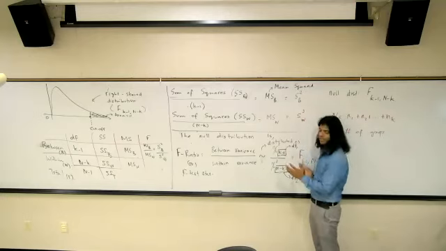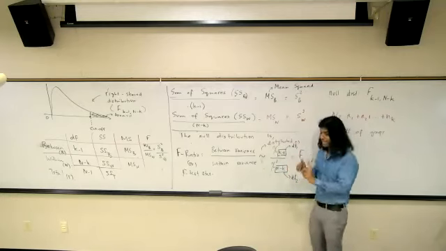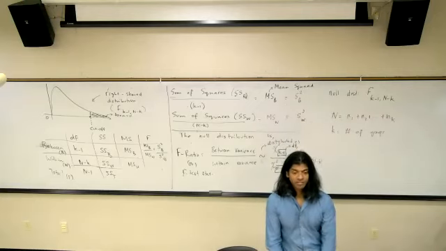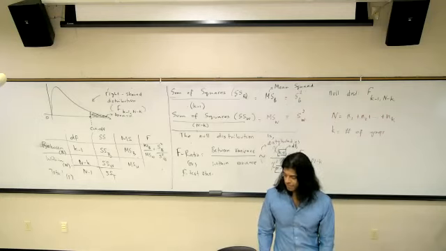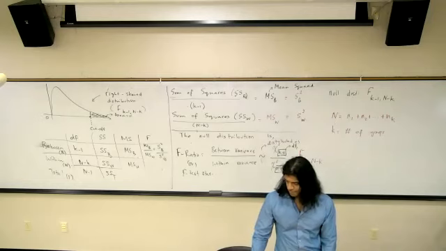Reading assignments for Tuesday. Everything that we did today, you need to have a good grasp of. Your textbook has a chapter called one-way ANOVA. I believe it's chapter 4.